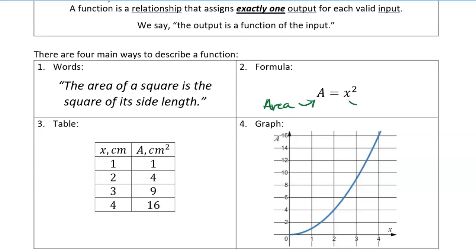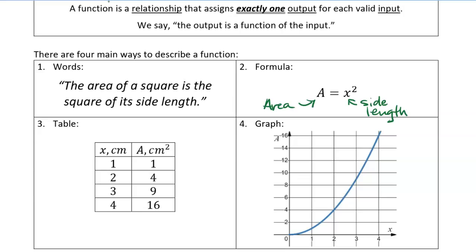And I'm using x to represent the side length. This is just a mathematical sentence saying area is side length squared. That's just how you would read that formula. A equals x squared is the same thing as saying area equals side length squared.